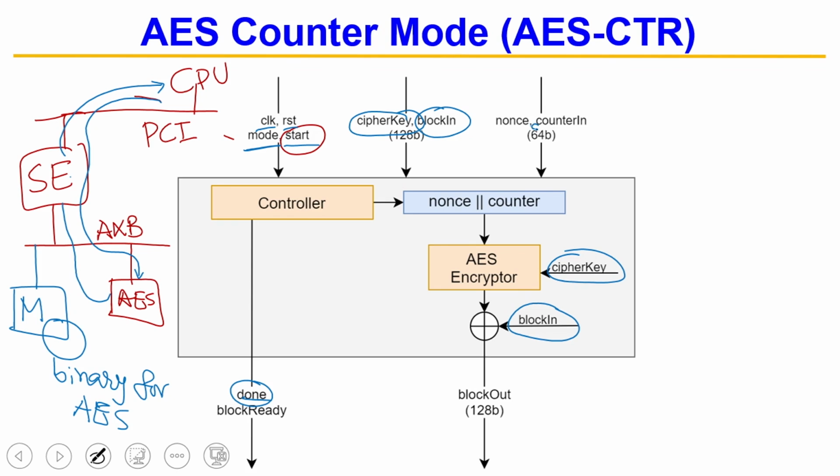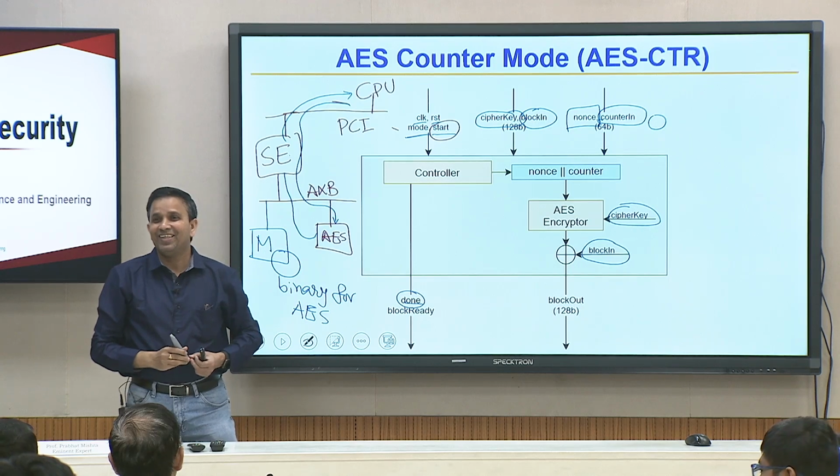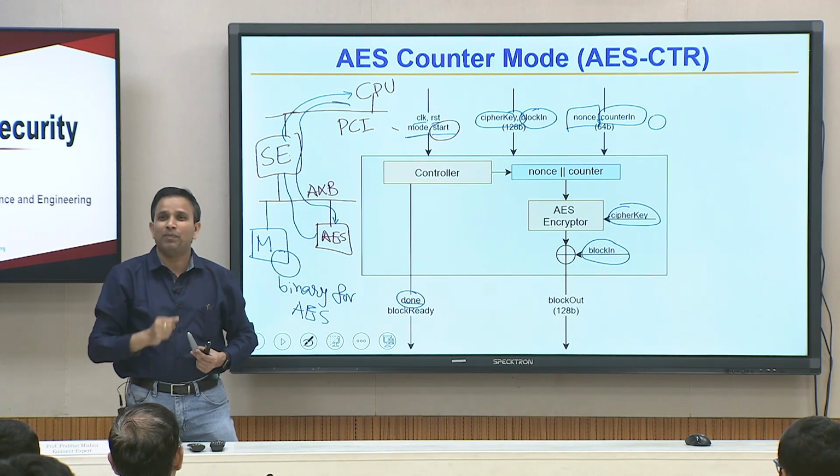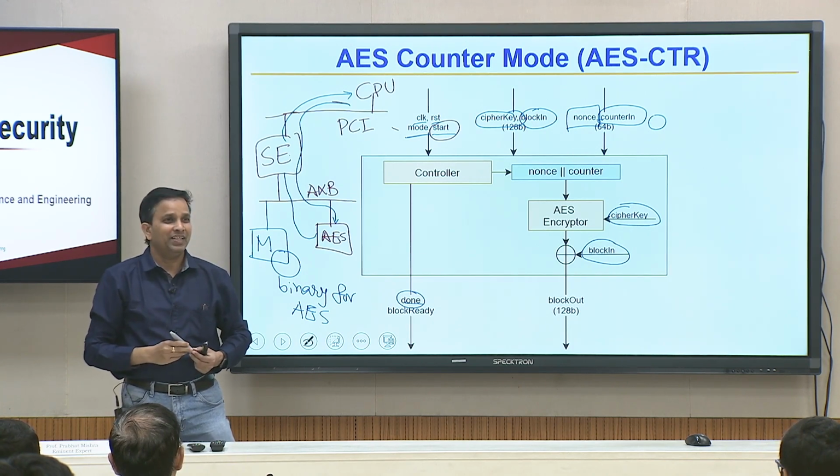So, the counter range: because it is a counter mode, initially it is 0, you can put in any value, it does not matter, but what is important is this one. Anybody knows what this nonce is? A nonce is a random number with a unique property. What is that property?